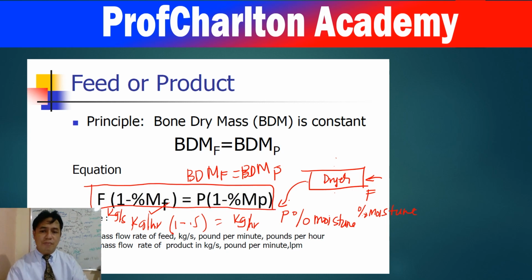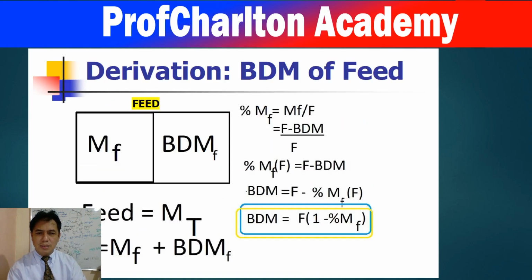Of course, it comes from the bone dry mass of feed equals the bone dry mass of the product. So here is the derivation, and we're going to discuss this. Here is the feed.